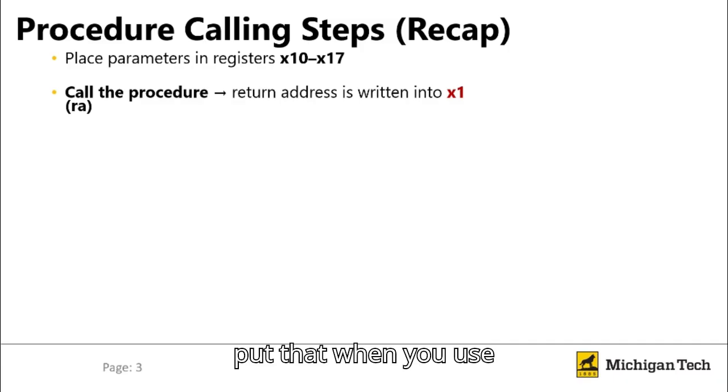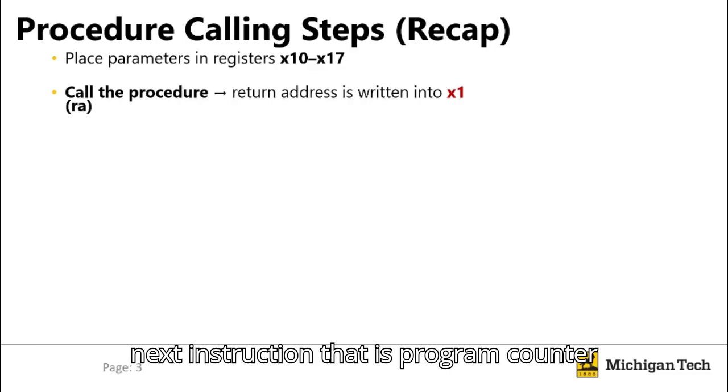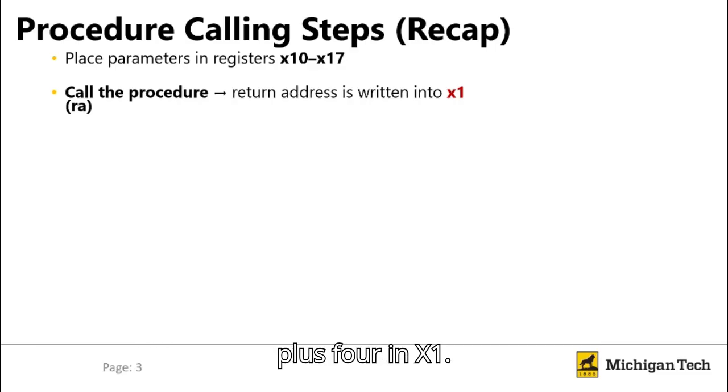When you use jump and link, it automatically saves the next instruction, that is program counter + 4, in x1. Okay, that's the next step.